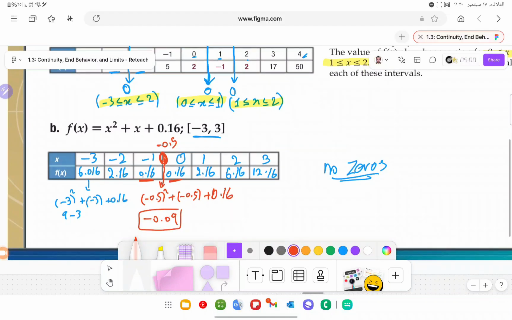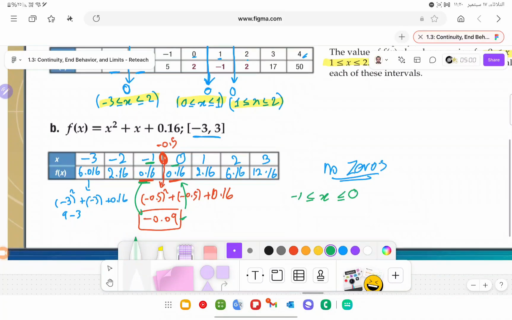So as you can see, between 0.16 and negative 0.09 there is a zero, and between negative 0.09 and 0.16 there is a zero. So the interval, we are looking at the x's, between negative 1 less than or equal to x and less than 0.